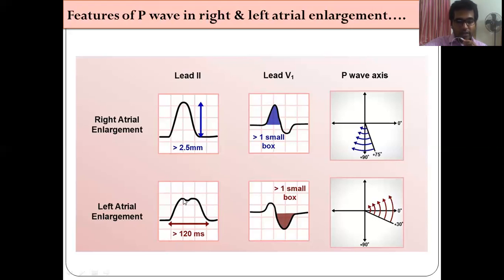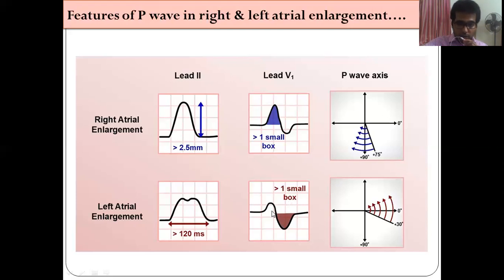It looks like an M. So that is the trademark finding of left atrial enlargement, P mitrale, and it is produced especially in lead 2, lead 1, and aVL. Okay, and what will happen in V1?